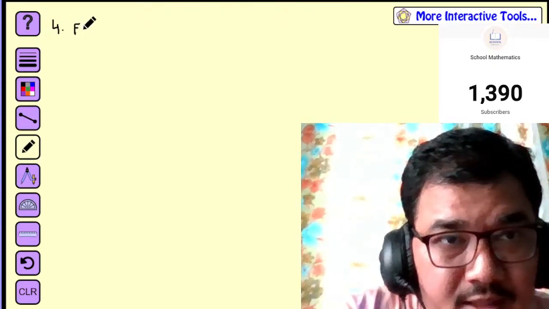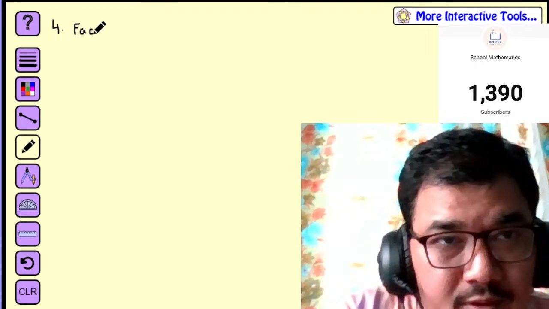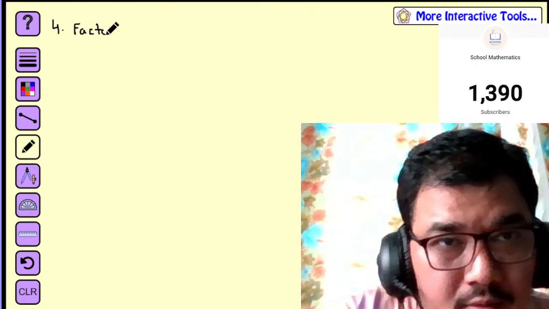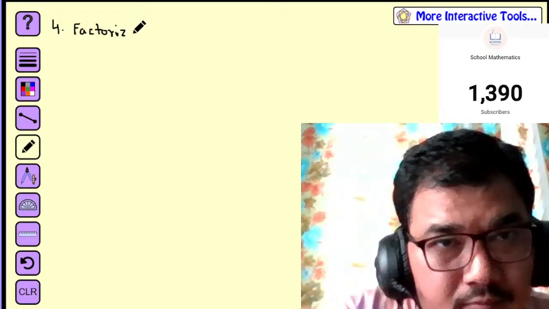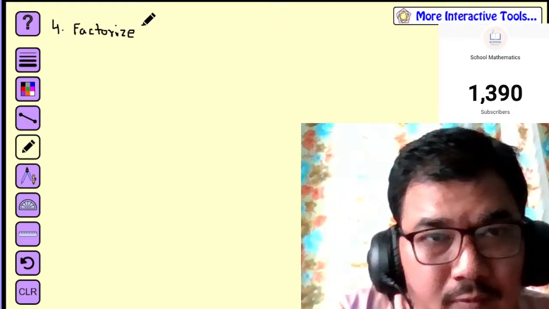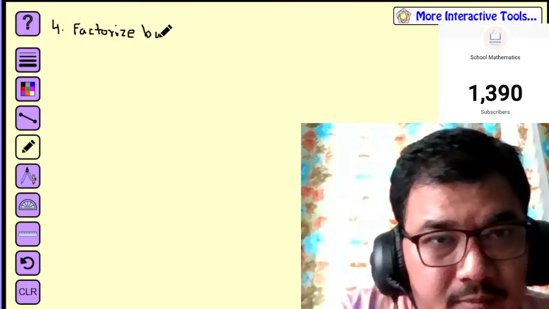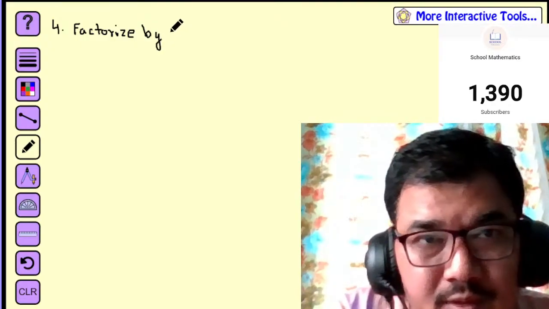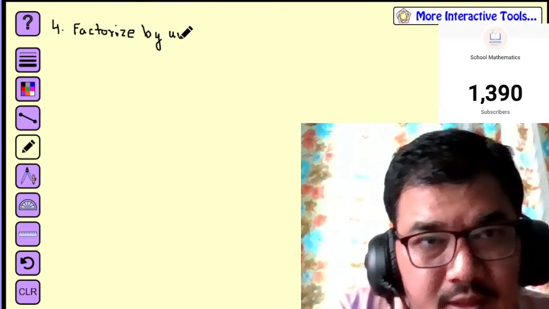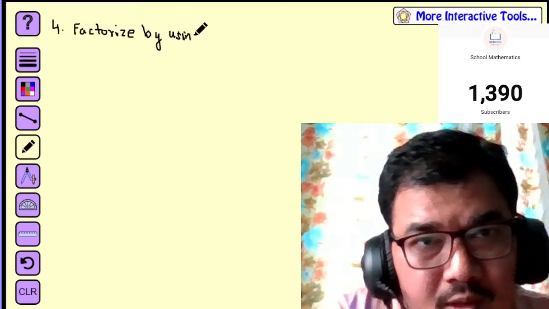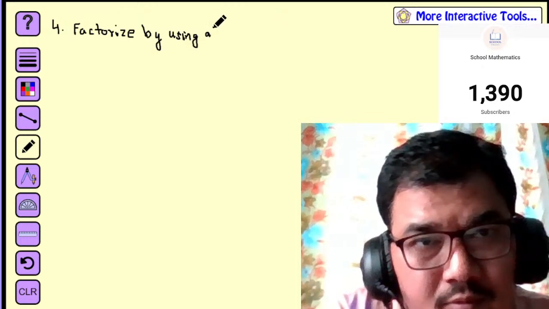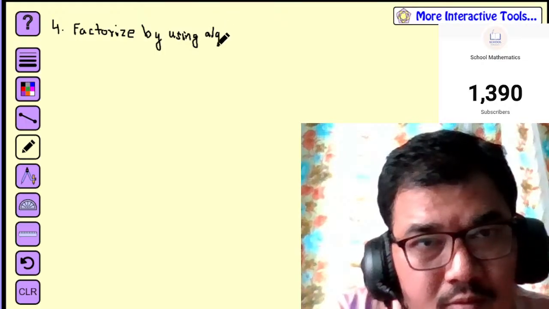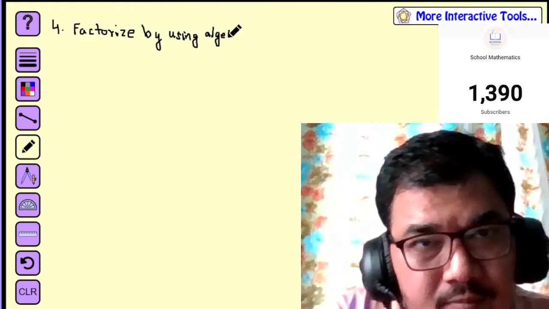If it is asked to factorize by using algebraic tiles, I want to show you here how to factorize by using algebraic tiles.